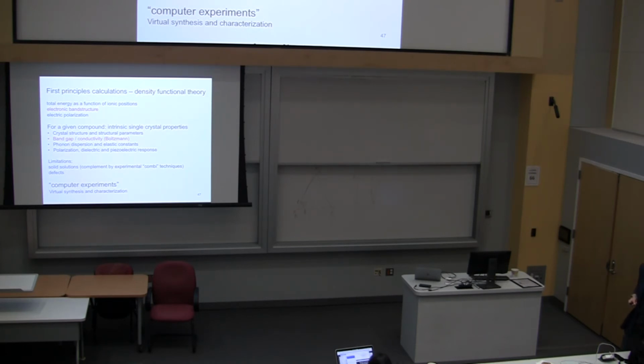Some of the limitations of first principles calculations are we're typically doing periodic systems, so solid solutions are very difficult. So that's where I would go to Ichiro Takeuchi and say, please help me with your combinatorial spreads, because you can do it so much better than we can. Defects are very hard, and that's what I meant before when I said that first principles calculations in many ways are complementary to what you can do with experiments.